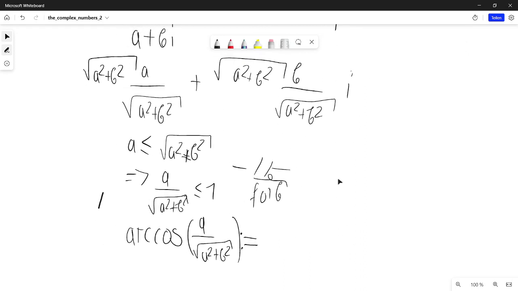And then we just say our cosine is equal to our angle.